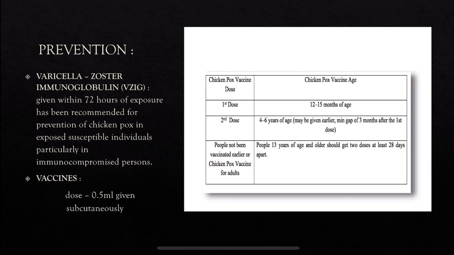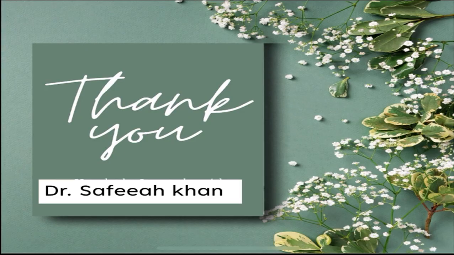People 13 years of age or older should get 2 doses at least 28 days apart. The first dose can be given to any adult, and then 28 days later you can give them the second dose. The vaccine dose is 0.5 ml given subcutaneously. The varicella zoster vaccine, the chickenpox vaccine, 0.5 ml will be given subcutaneously.